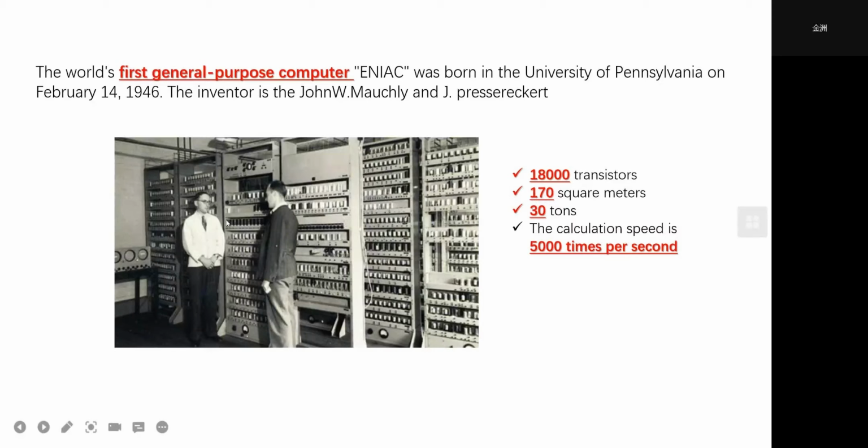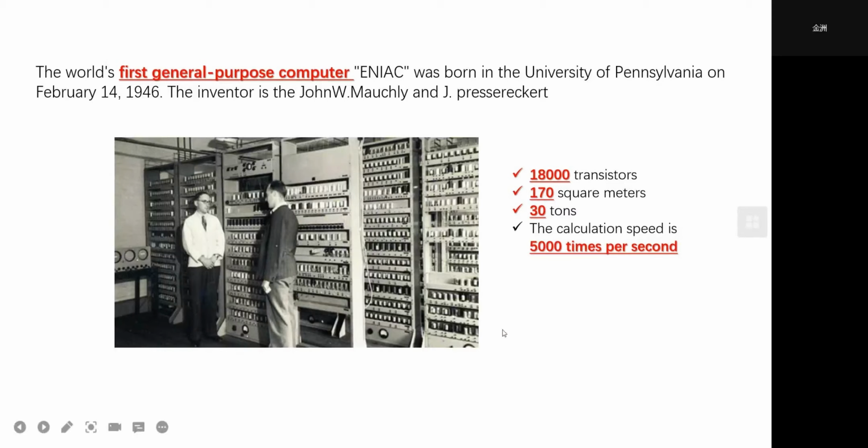We can see today the computer or the smartphone of each of you has a much faster calculation speed than this computer. And this first general purpose computer, ENIAC, was born at this university in 1946.